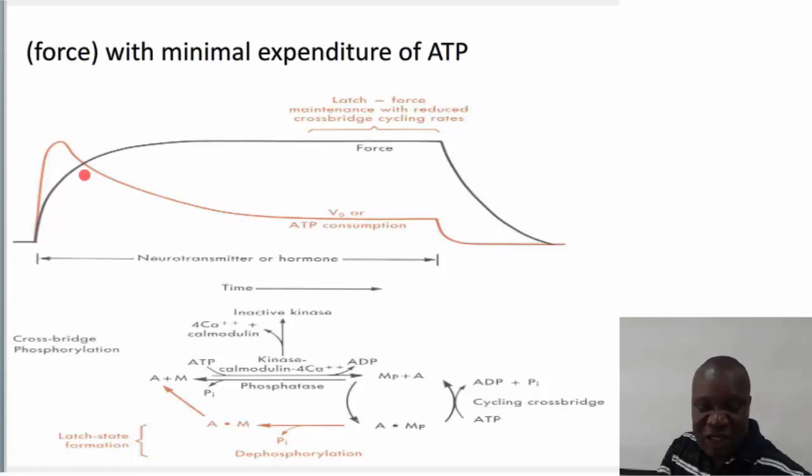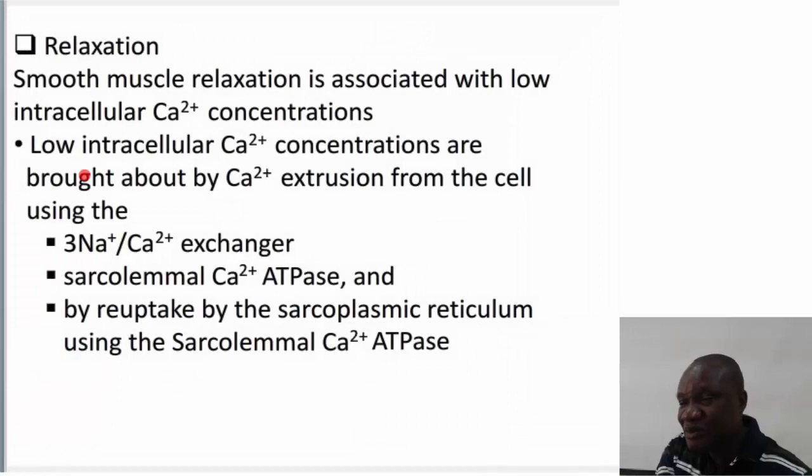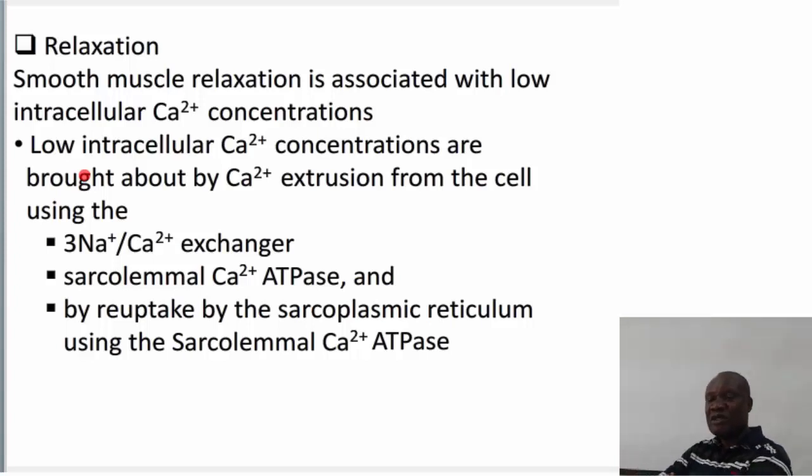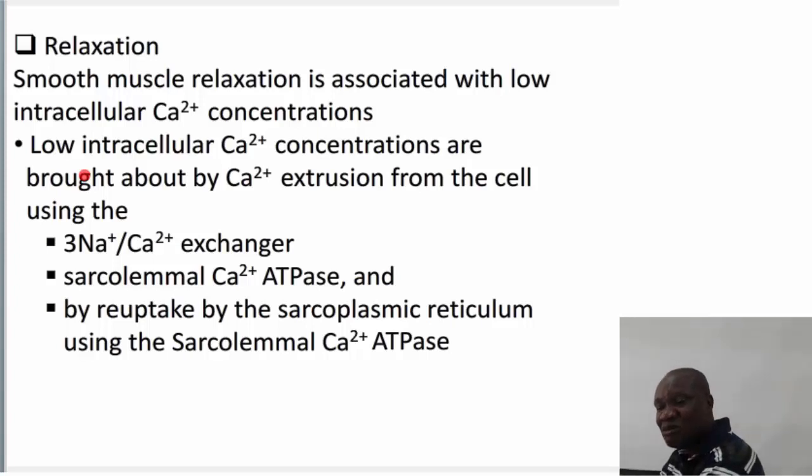Now let's look at the relaxation of smooth muscle. Relaxation involves actively pumping out calcium ions. Calcium will move from the sarcoplasm into the sarcoplasmic reticulum using a calcium ATPase.